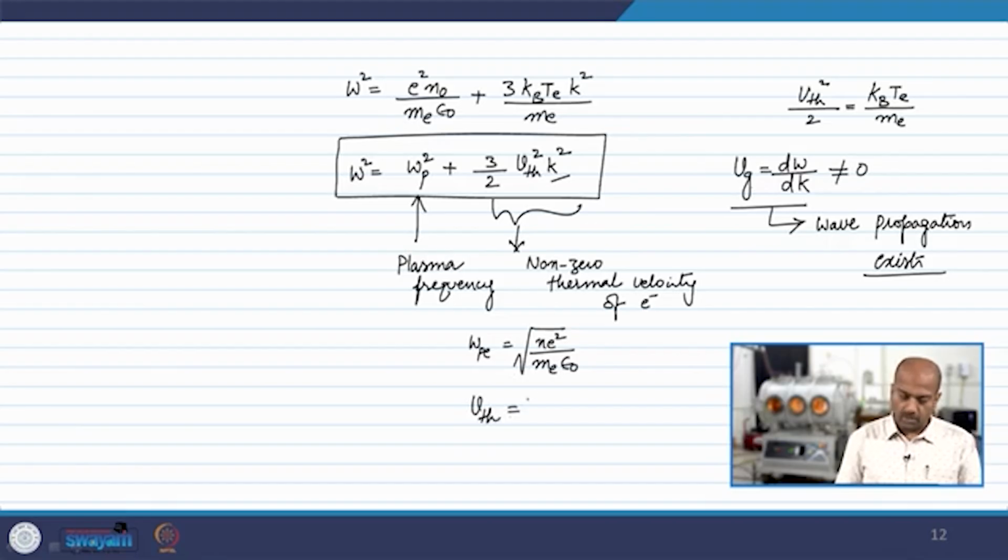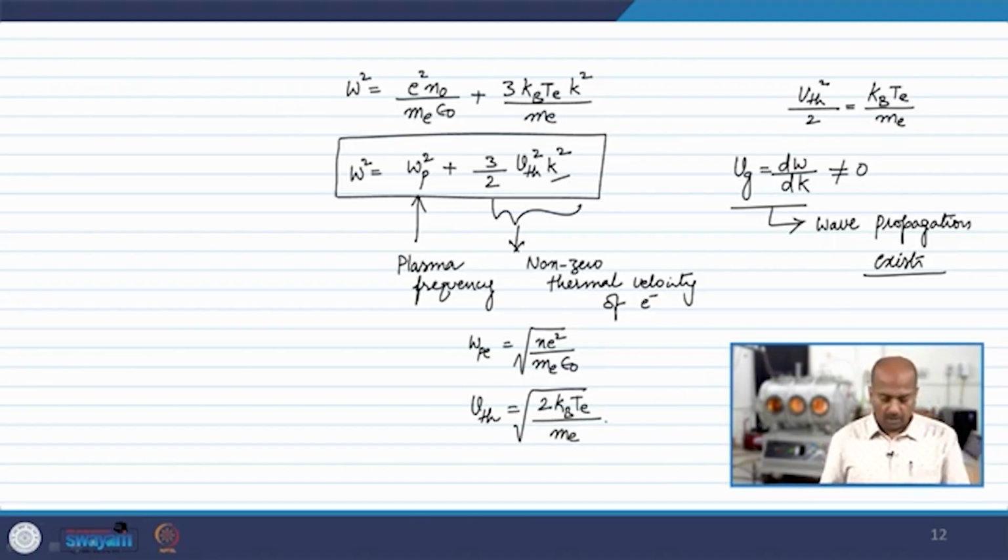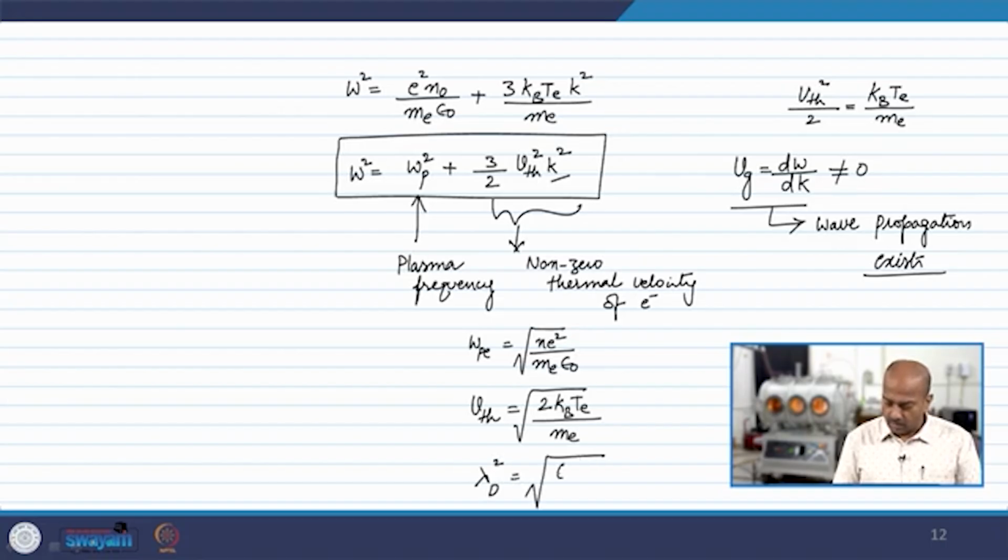V TH is the square root of 2 kB T e by m e, and if we recall the Debye length, lambda D square is epsilon naught kB T by n naught e square. We can write this as equation number 1 in terms of lambda D. How do we do it?